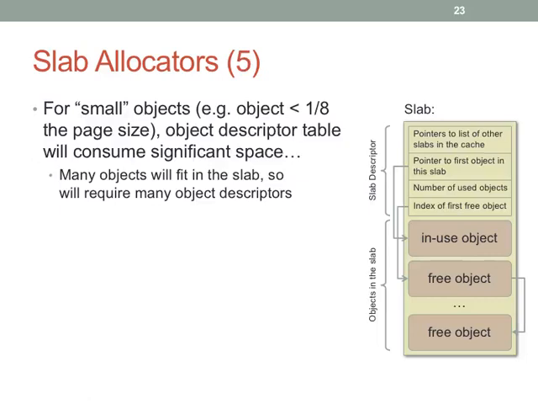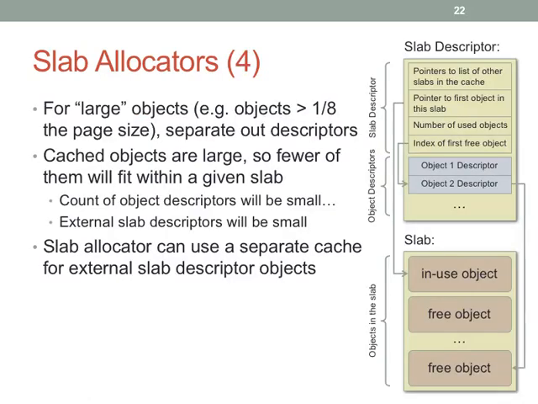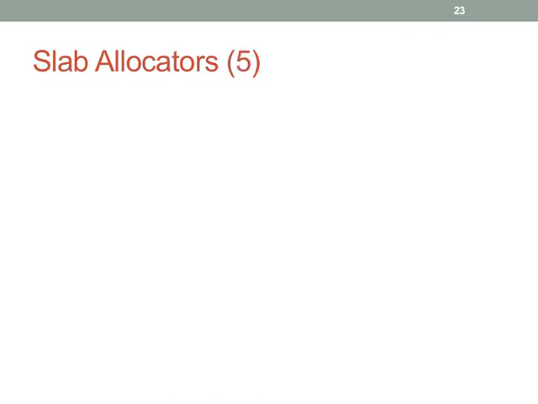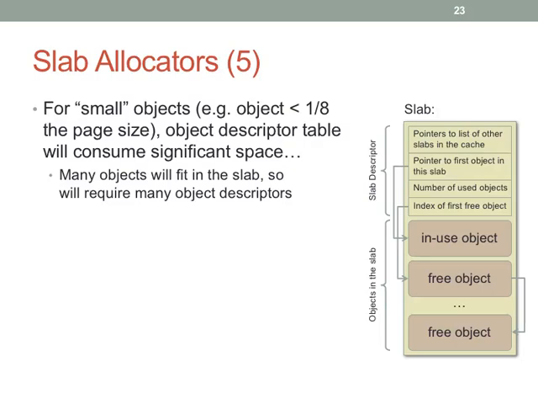Yeah, so this is the other interesting nuance, and this is one of the things that can be a little bit confusing. Large objects, we don't want to lose a lot of space to internal fragmentation, so we factor out the descriptors. That makes sense. But the problem is if you can fit a lot of objects into a slab, it seems wasteful to have the descriptors and the objects separate. So those two things get folded together for small objects. Like it says here, the object descriptor table would consume a lot of space.